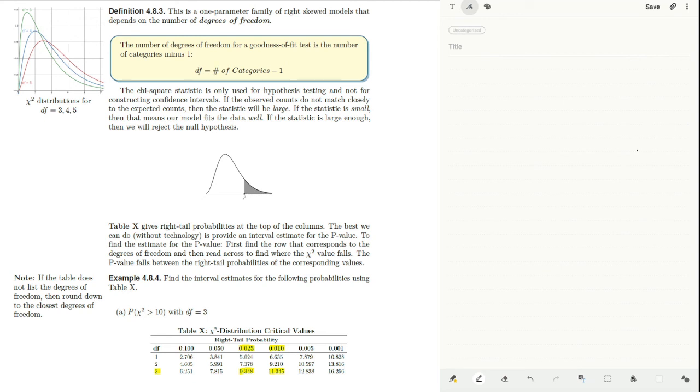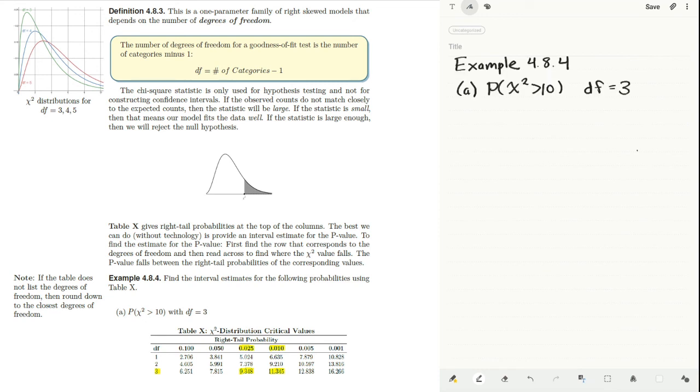So to find the interval containing the p-value using table X, we first find the row that corresponds to the degrees of freedom along the first column. Then we read across to find where our test statistic falls under. Then the p-value will fall between the right tail probabilities of those corresponding values. So let's take a look at some examples of using the table to find the probabilities under the chi-square distributions.